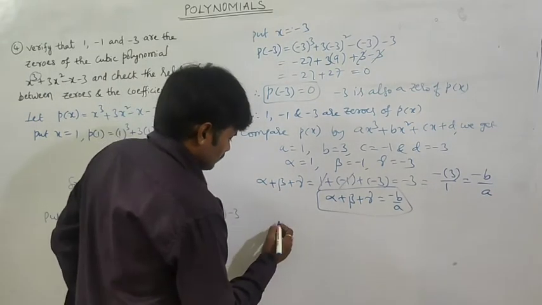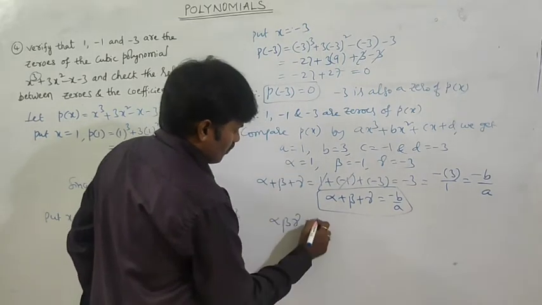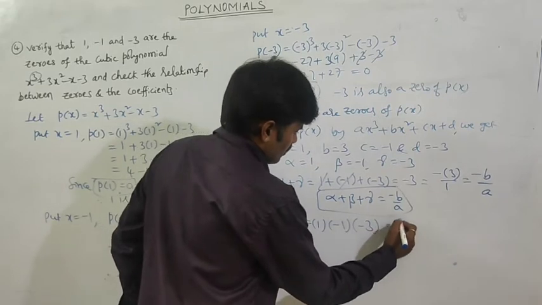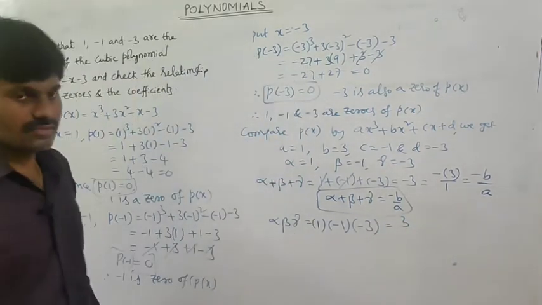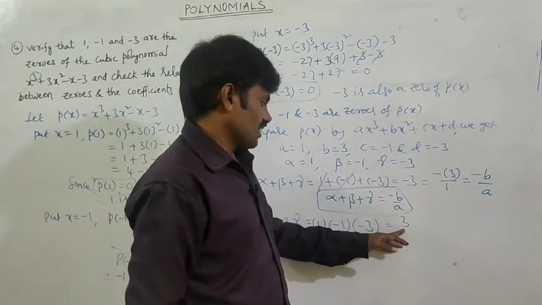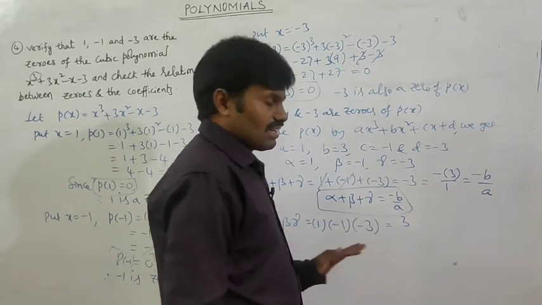Now see the product, alpha into beta into gamma. What is the alpha value? 1, into beta minus 1, into gamma minus 3. The product is 3. Now you can say 3 by 1, so b by a. But in all cases it is not possible.